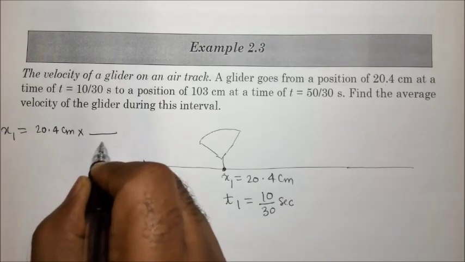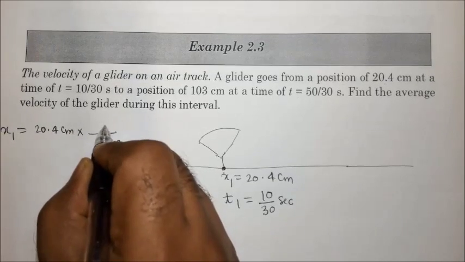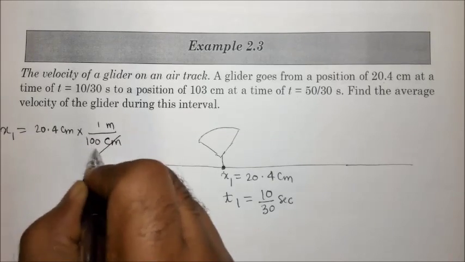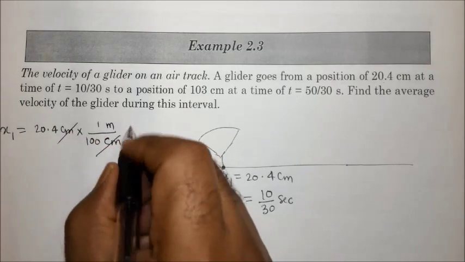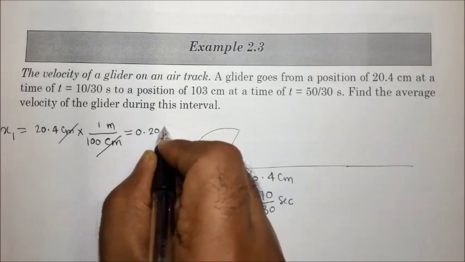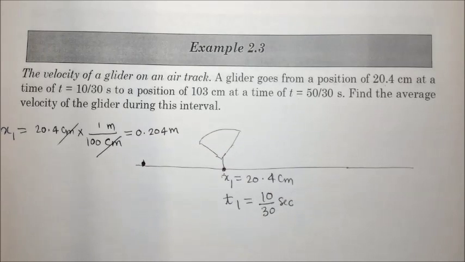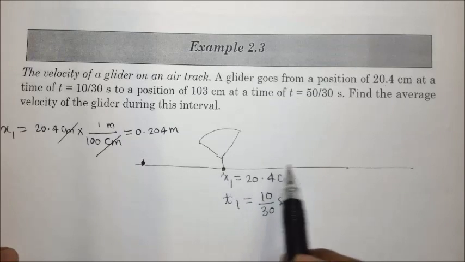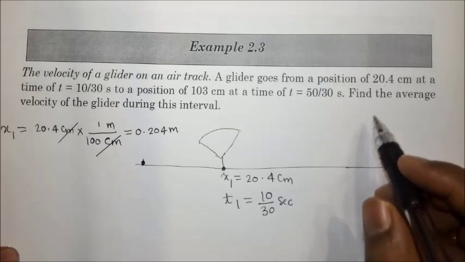You need to put centimeter in the denominator and meter in the numerator. 1 meter stands for 100 centimeter. Centimeter and centimeter will cancel out. That will give you 0.204 meter. And then it glides and goes to another position.